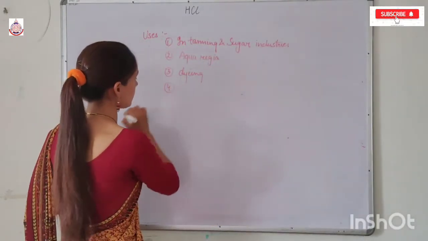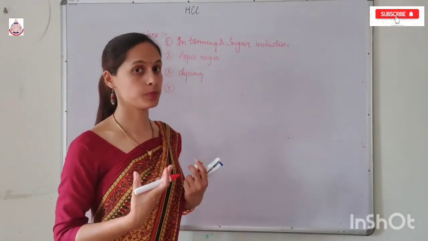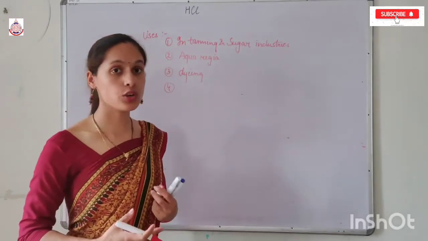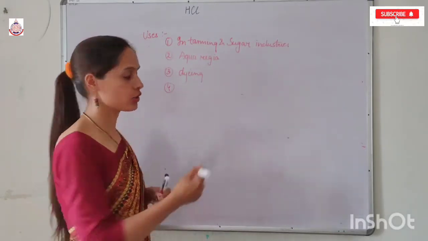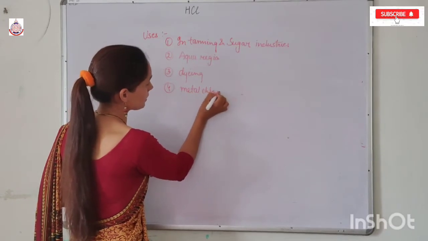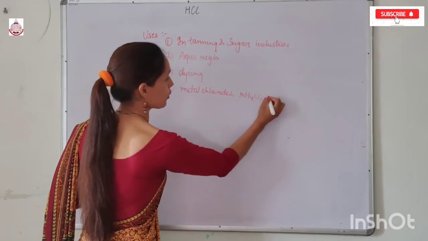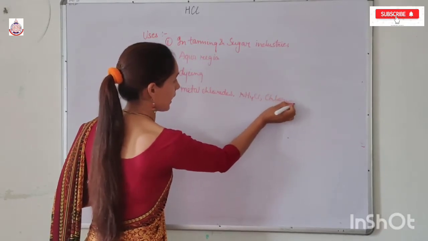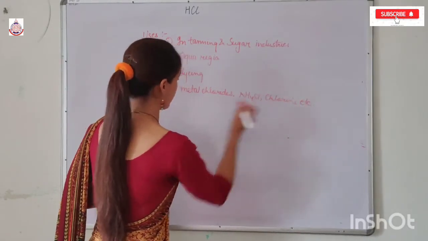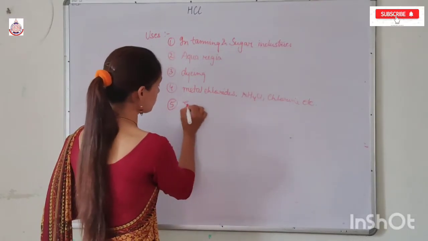Next, HCl is used in the preparation of the metal chlorides, NH4Cl, chlorine, etc. It is used in extracting glue from bones.